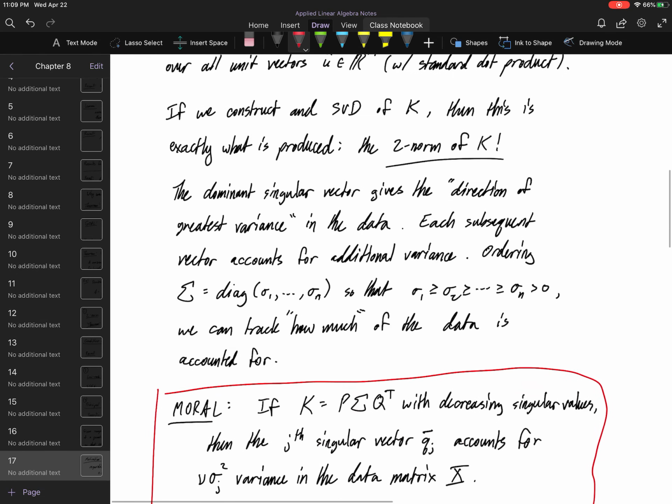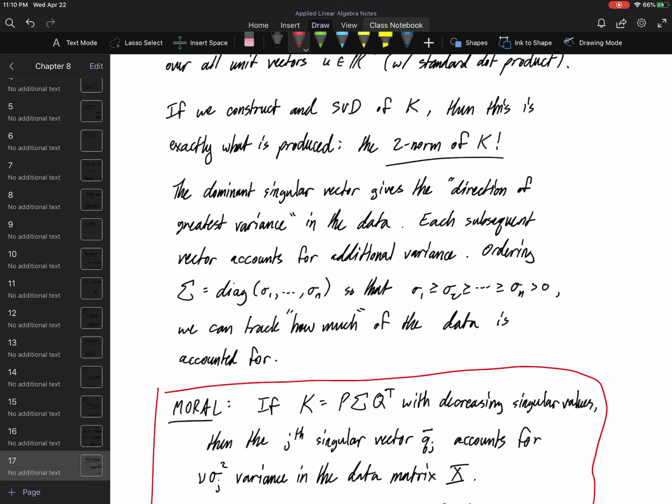In particular, the dominant singular vector gives us the direction of greatest variance in the data. Each subsequent vector accounts for a little bit of extra variance, and these are all going to be perpendicular to one another because we designed our singular vectors to be an orthonormal set.